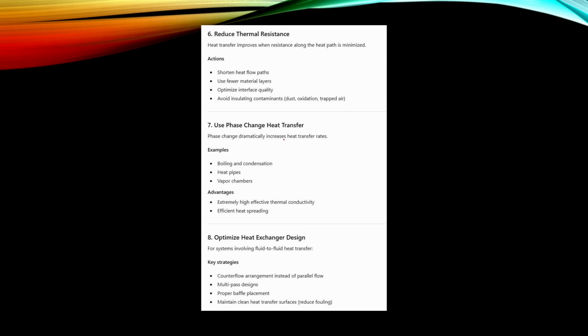When you need an extremely high heat transfer rate, you can use phase change. Typical examples are boiling and condensation, and in electronic cooling cases heat pipes are very important.